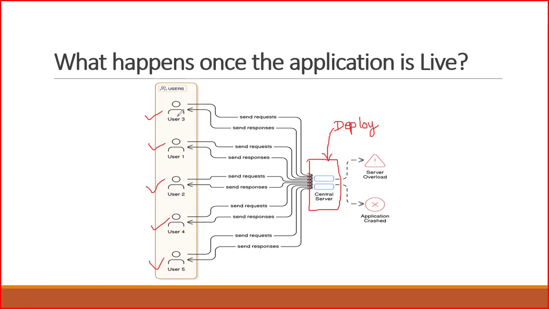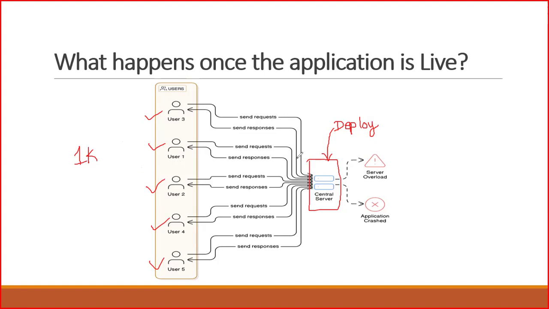Initially, as the application is completely new, very few users are accessing it. For example, taking some random number, 1K users are accessing the application initially. At that time there are no issues on the server side, and the users are also not facing any issues from their end.